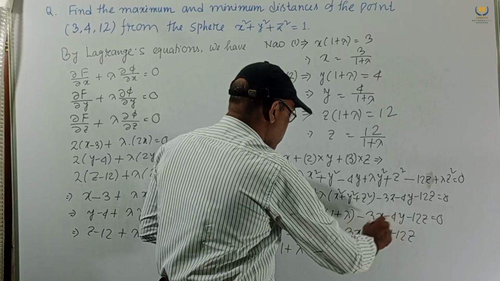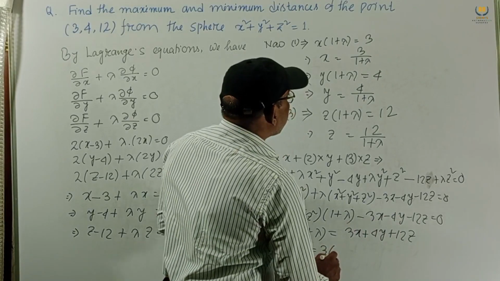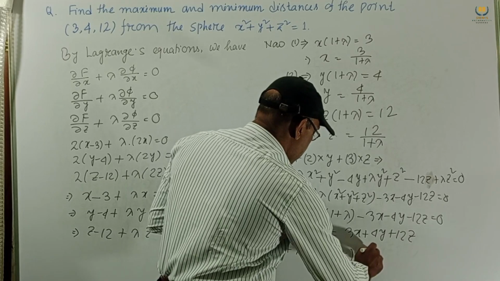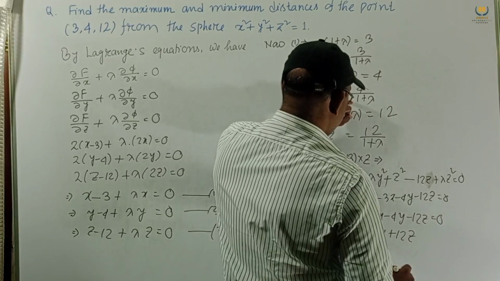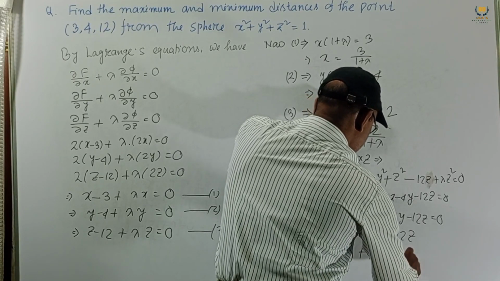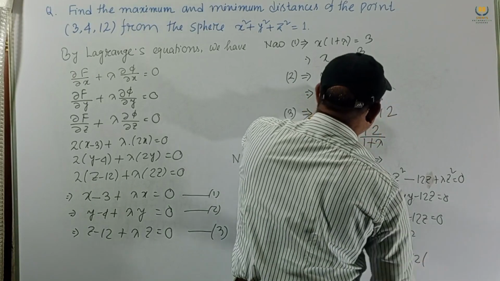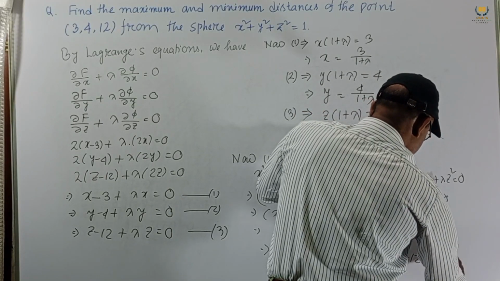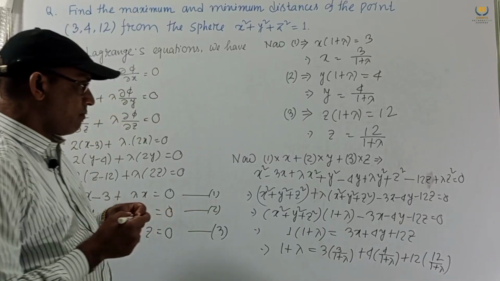Putting in place of x, y, z: 3 into x means 3 by 1 plus lambda, 4 into 4 by 1 plus lambda, 12 into 12 by 1 plus lambda. We get this.